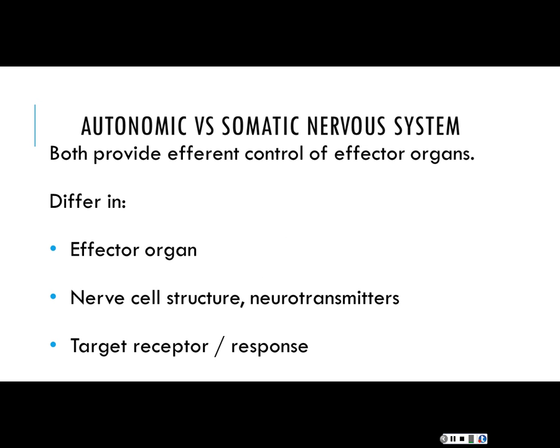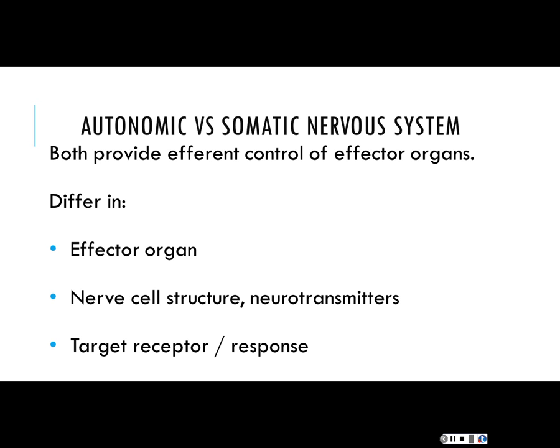The nerve cell that controls them is built differently. The effector organ is different. The neurotransmitters released are variable. And the target cell response is really different. The receptor is different, the neurotransmitters are different. But they do each control some effector organ, giving it efferent control that way.